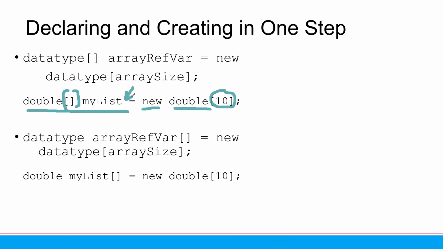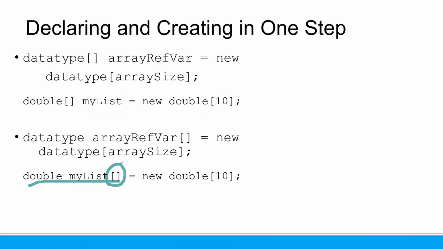My list will have 10 positions, or there will be 10 locations to save all the data. You can use also like this one. In this case, the square bracket is in the variable name. In this case, the square bracket is in the data type.